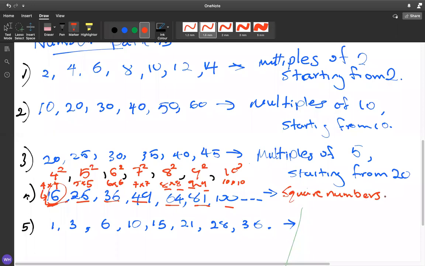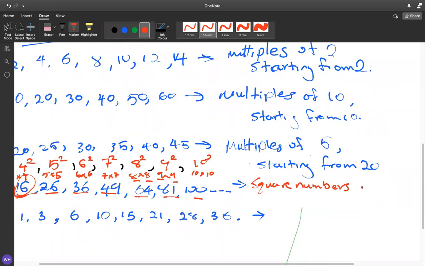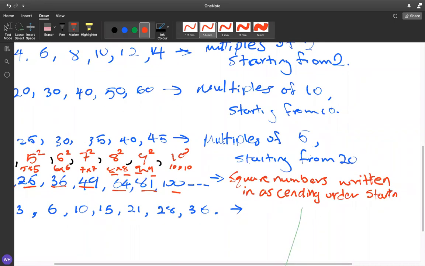We can write it this way even. Square numbers written in ascending order starting from 16.